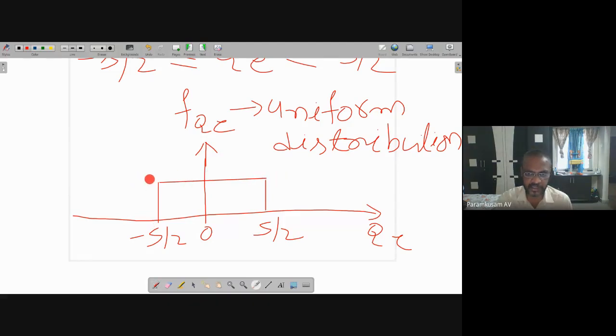The probability is uniform between minus s by 2 to plus s by 2.